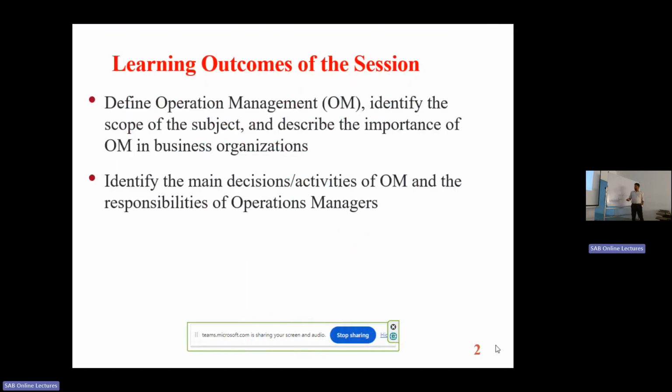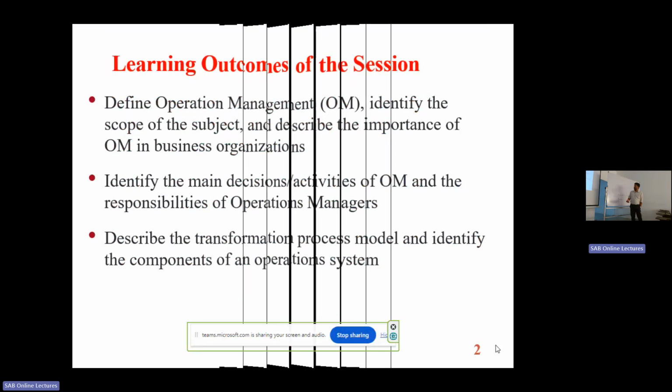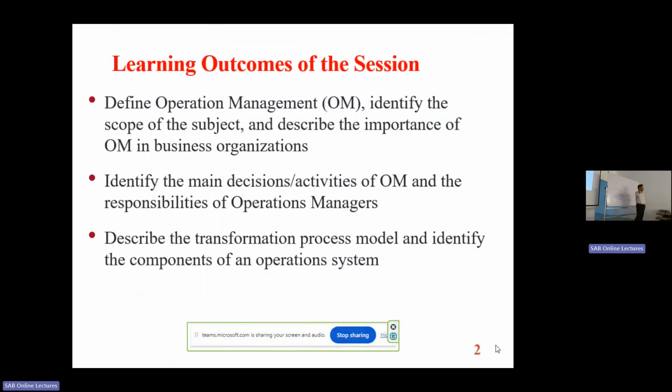As you see in slide number 2, these are the key learning outcomes set for the first topic. At the end of this discussion, you should be able to do these things. Can I do that on behalf of you? No, I can't. What I can do is I can explain, give you more details, examples.